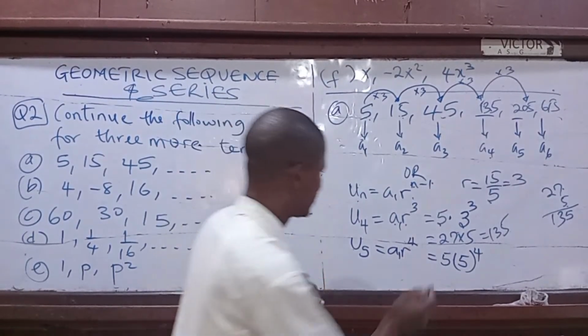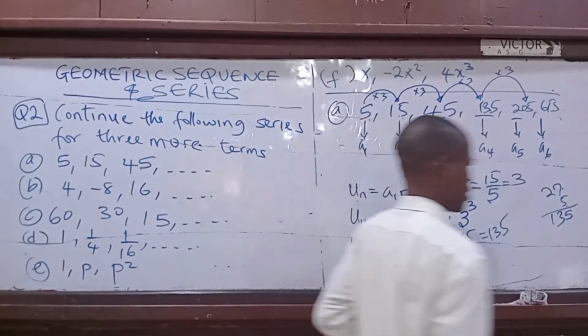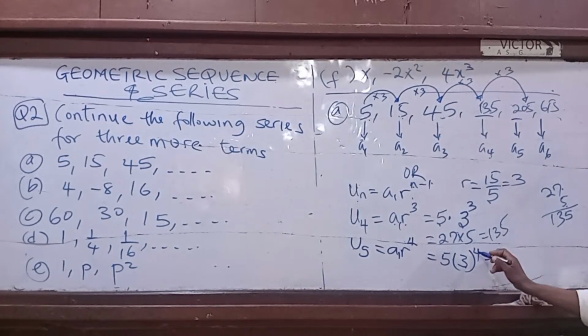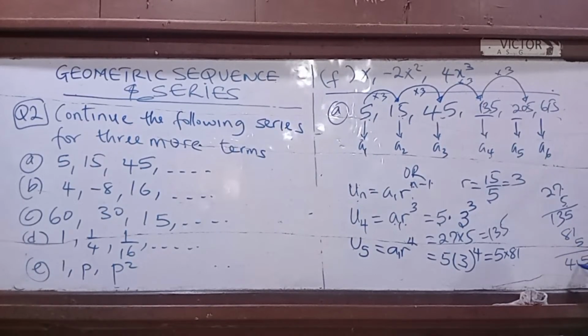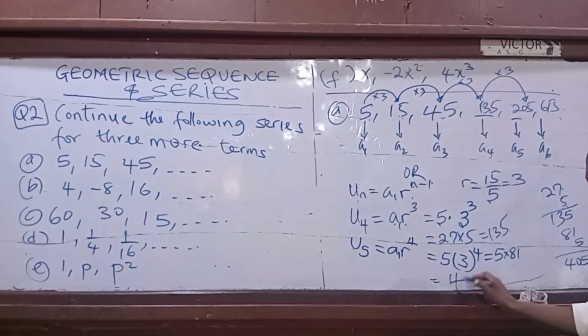My common ratio is 3, to the power 4. That is 5 times 3 to the power 4. That's 81, so 81 times 5. That's 405.